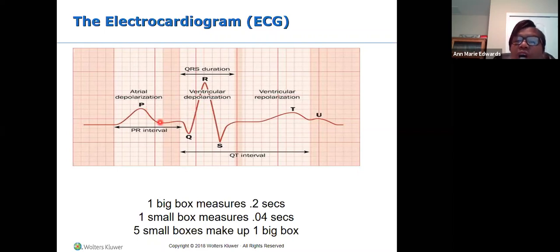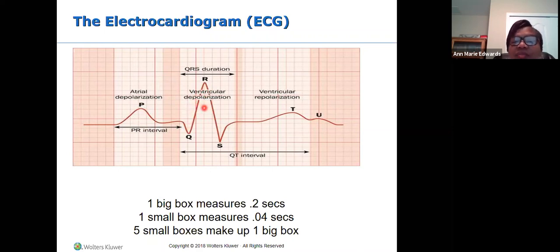Why are we not seeing atrial repolarization? That's a question that students ask all the time, so thanks for asking. We are not seeing atrial repolarization on the ECG because it is hidden behind this large ventricular contraction.